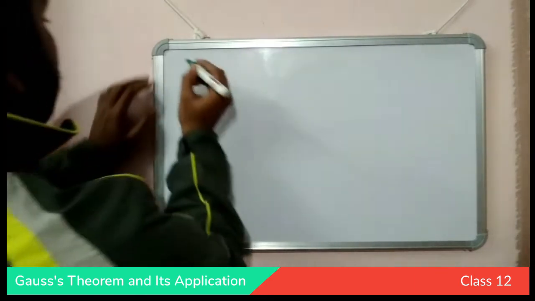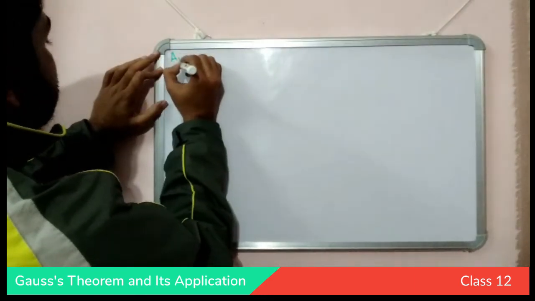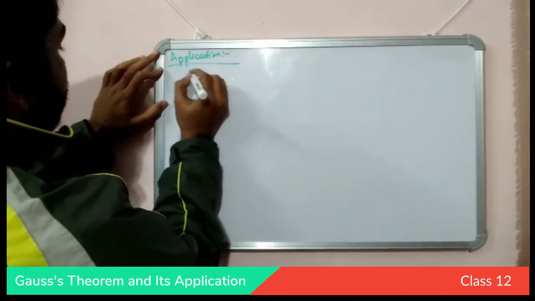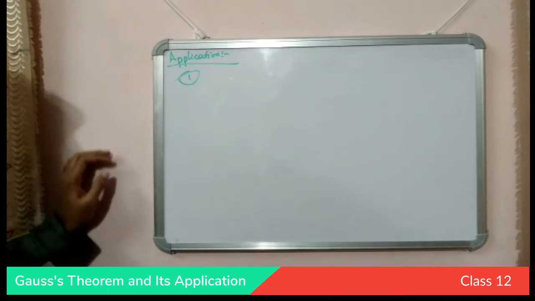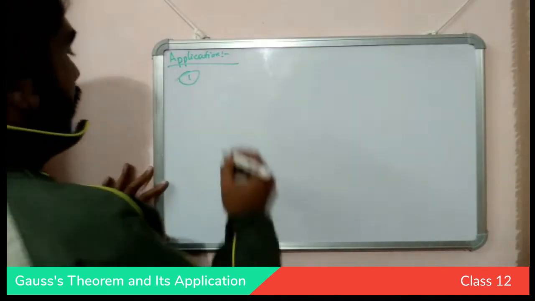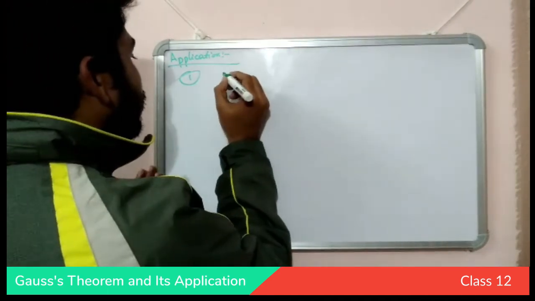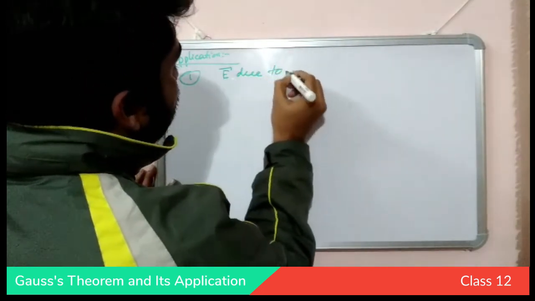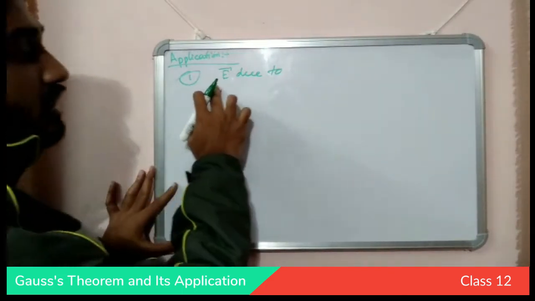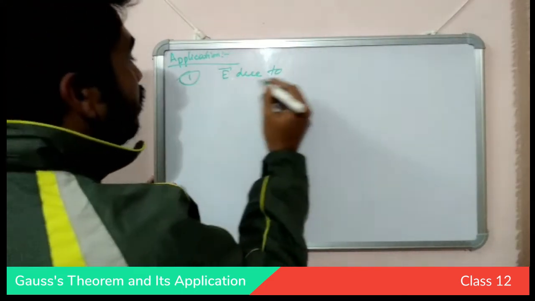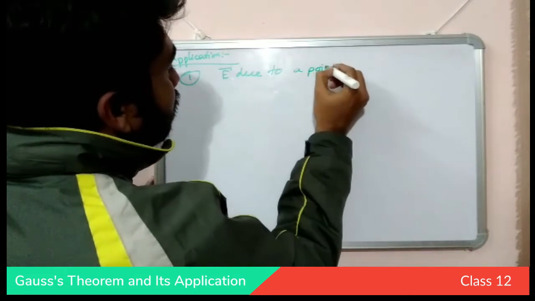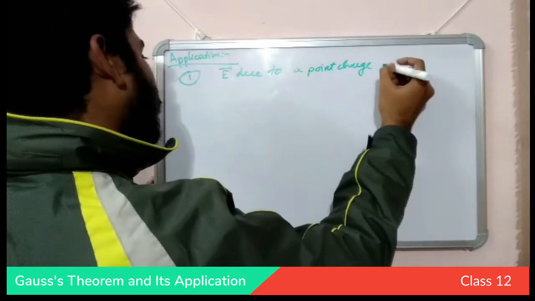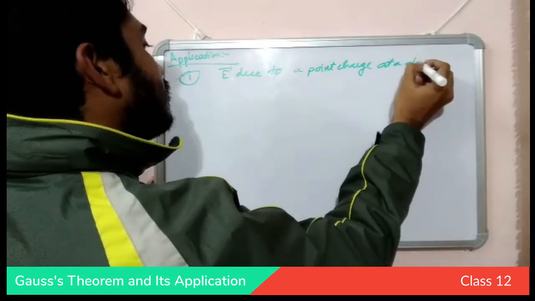So we will consider the simplest case, that is application number 1. This is the simplest case, that is E, I am not writing it in detail, the electric field intensity due to a point charge at a distance.